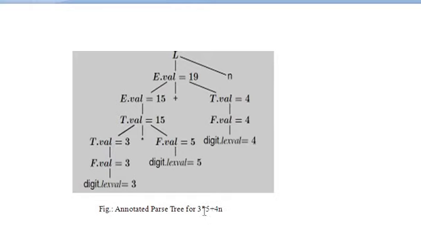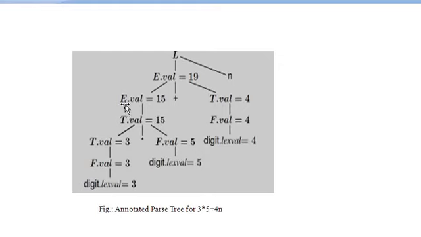Next is the plus sign, then 4. 4 is your lexval. So digit dot lexval is equal to 4. F gives digit, so F dot value is equal to 4. T gives F, so T dot value is equal to 4.